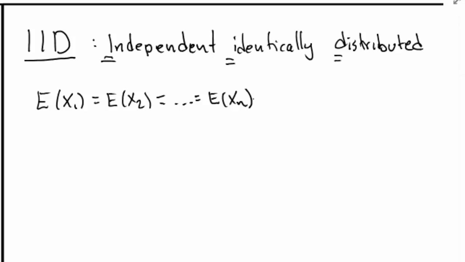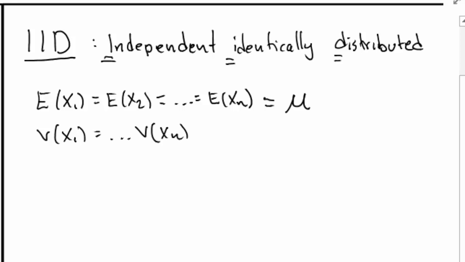So if they are the same, the expected value must be the same. And in this case, we can simply denote this common expected value by mu. Similarly, they all have the same variance, and we can denote that by the common symbol sigma square.